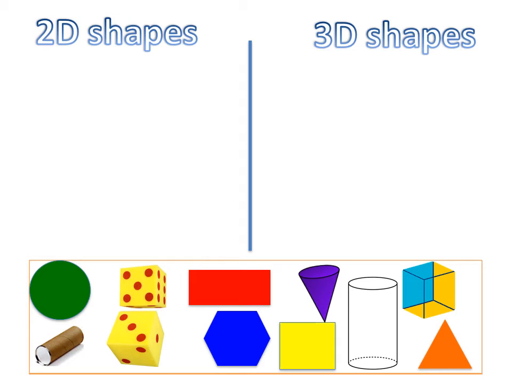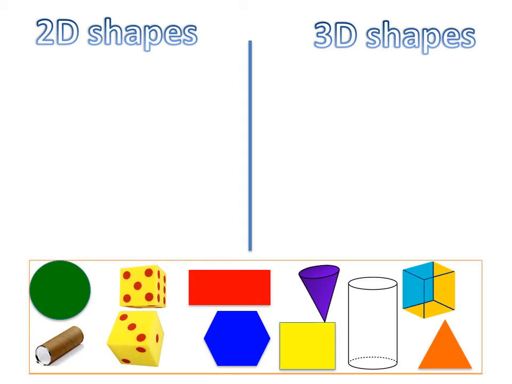So before we go and do that, let's have a little think about it. Okay, so we know that a three-dimensional shape is a larger shape. It has more volume in it. So it has more faces, whereas a two-dimensional shape is flat.